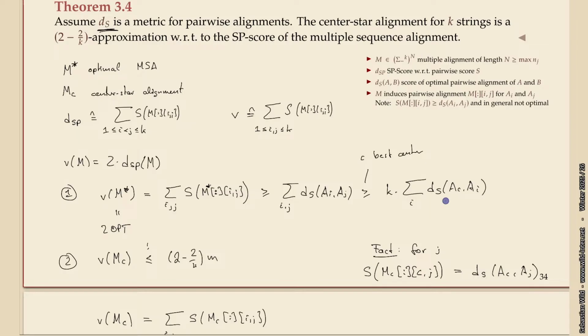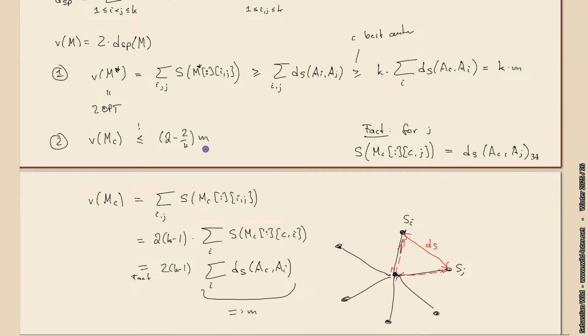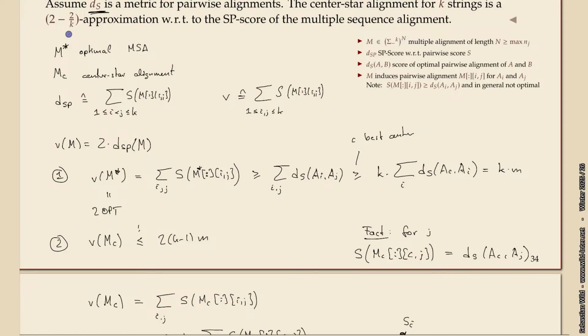And the center is the one where this sum is minimal. So if you sum over all the other things, that's never smaller than k times the minimum. You have k such sums. So you can upper bound this one as k times our small m. Then it matches with this one, almost, the scaling was wrong. And then if you take the ratio, you get the approximation ratio. Okay.